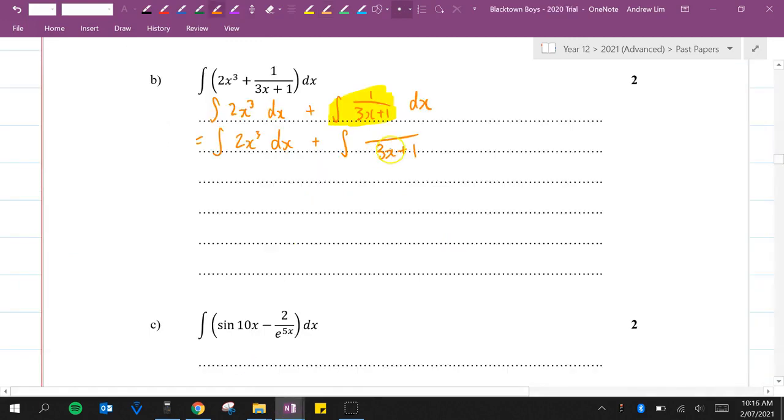So here's our f of x. When we differentiate that, we get 3. So we need 3 in the numerator. At the moment, it's 1. We need it to be 1, but we're just going to replace it with 3. So on the outside, we need a 1/3, because 1/3 times 3 is 1.